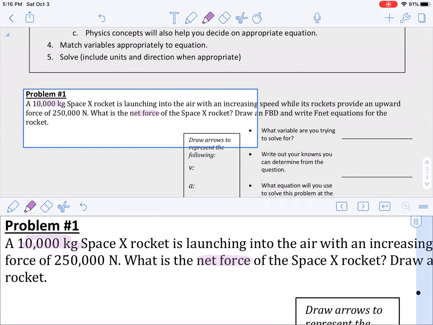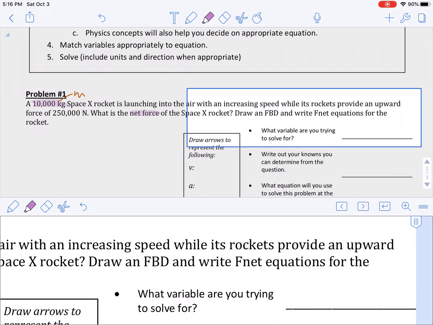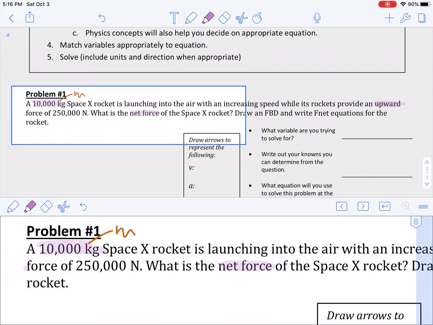I've got 10,000 kilograms. The units are whispering to me that this is mass. And I'm launching it into the air with an increasing speed, while its rockets provide an upward force. So there's an upward force from the rockets of 250,000 newtons.